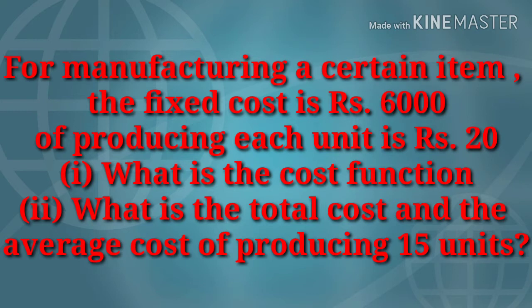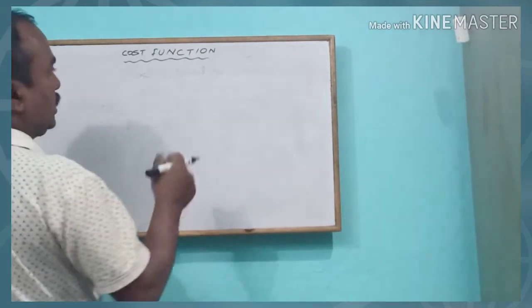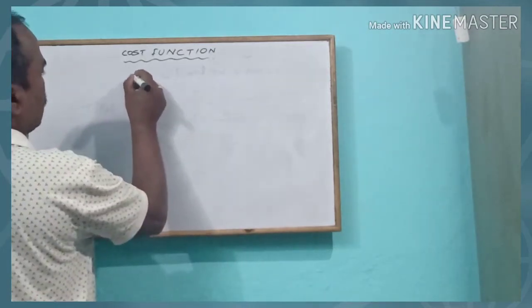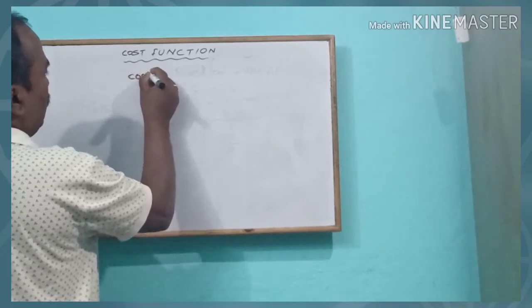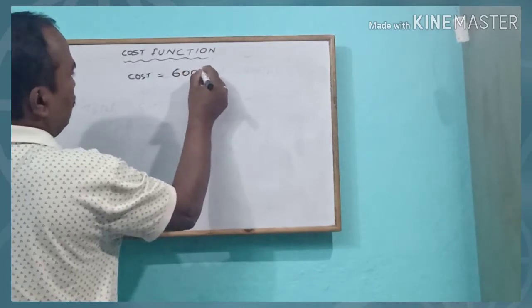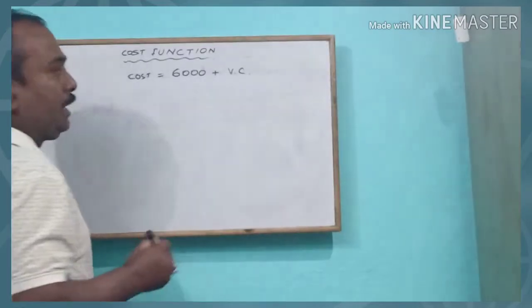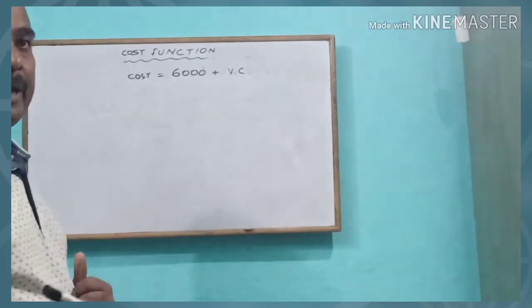What is the cost function and what is the total cost and average cost of producing 15 units? So in this question, the fixed cost is rupees 6,000. So cost is equal to 6,000 plus variable cost. Now variable cost is rupees 20 per unit.